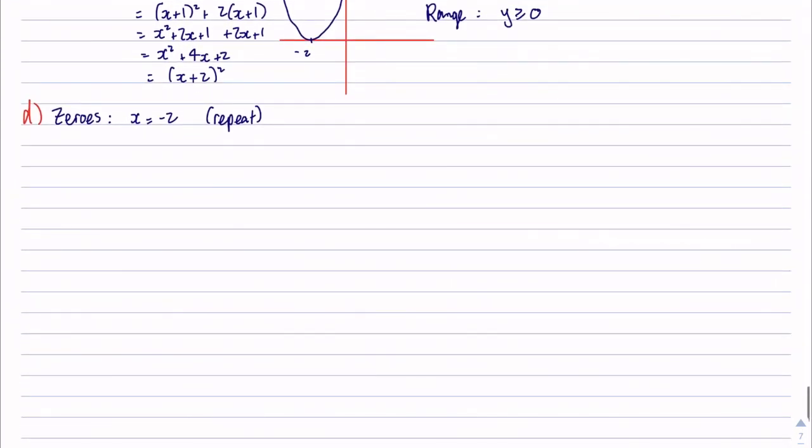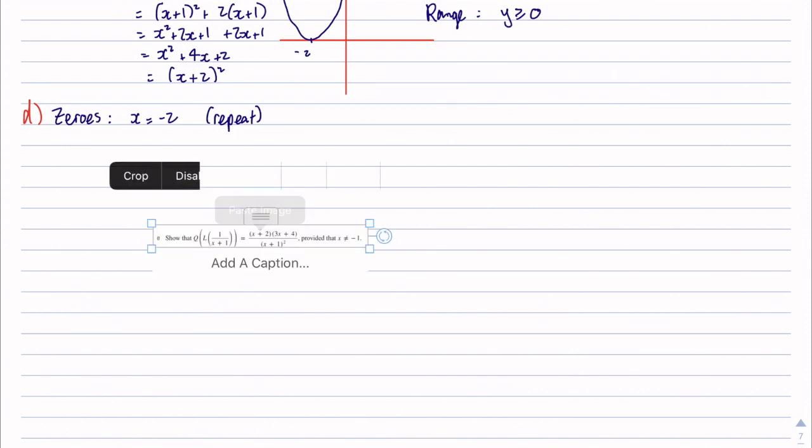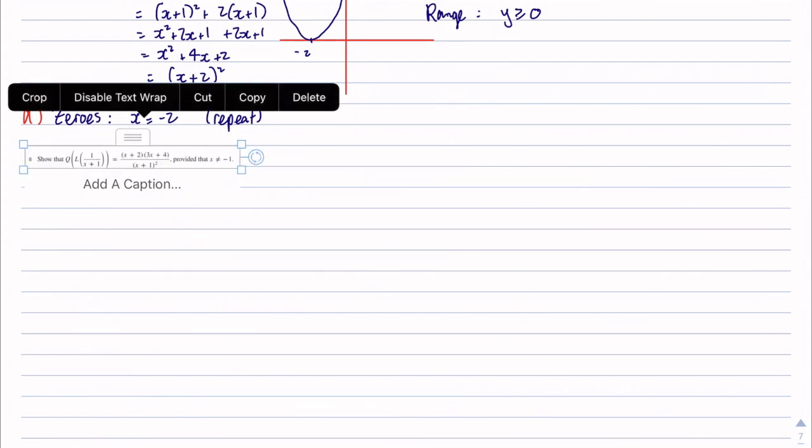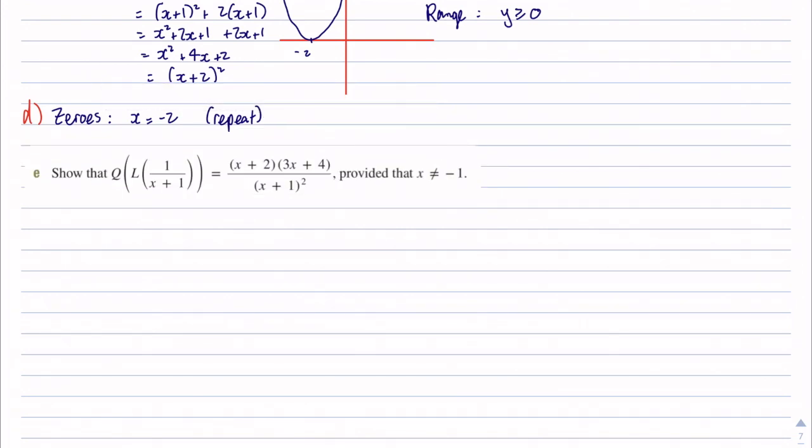Okay. So, L of 1 on x plus 1 is, well, L is x plus 1, isn't it? So I've got 1 on x plus 1 plus 1.